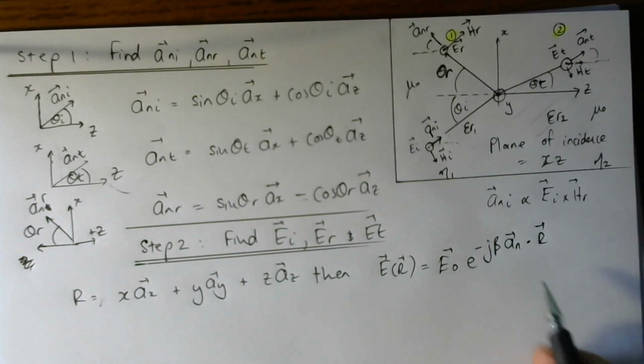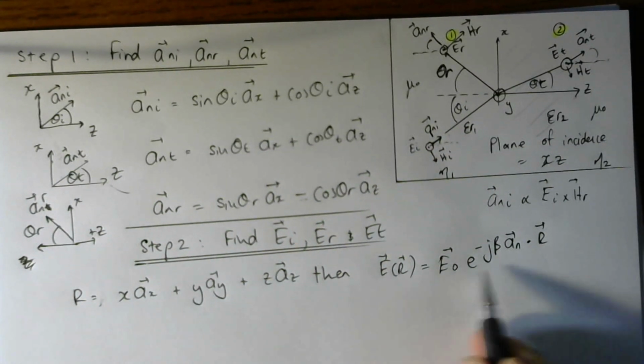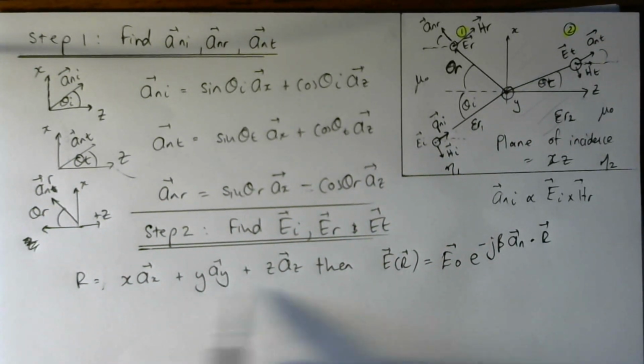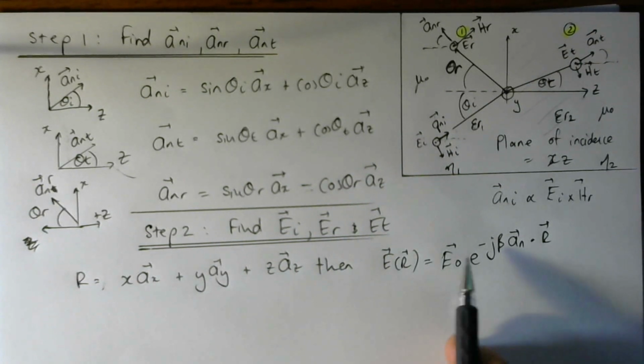Where a_n is the direction in which this field is propagating, and r is just some arbitrary position x, y, z, and that is a vector.